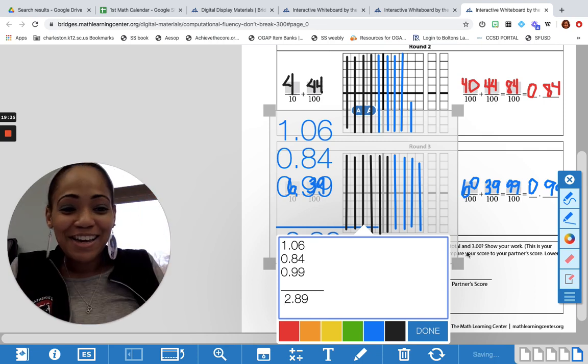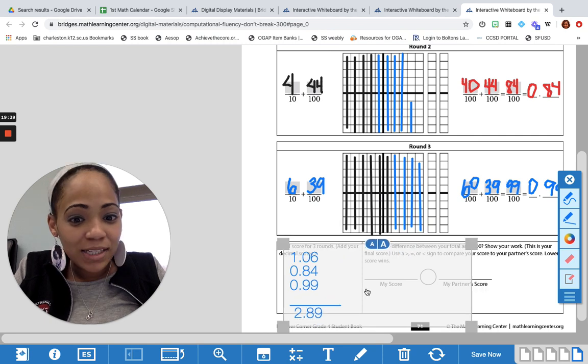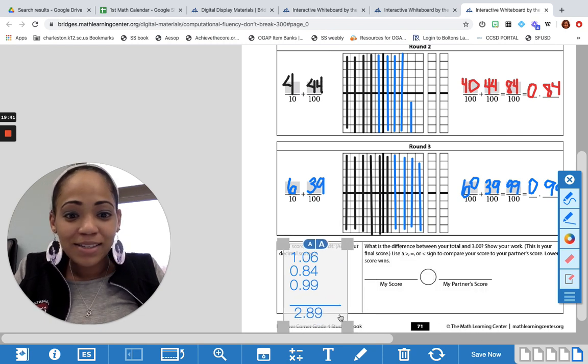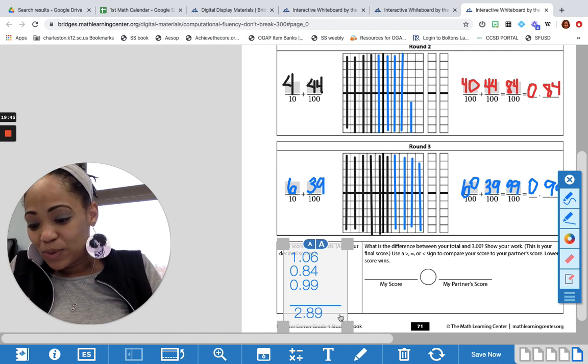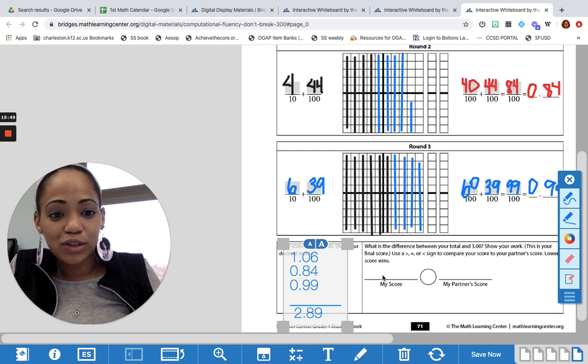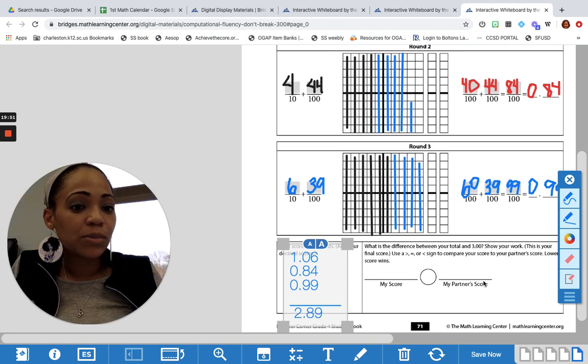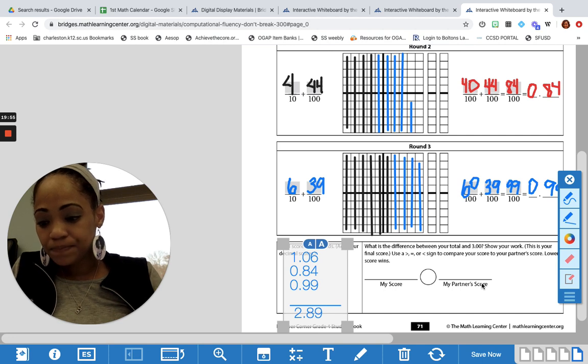So now we gotta compare the numbers, even though we clearly know who won. Miss Trammell, because she's amazing, right? Okay, so let's write a comparison sentence here. So you put your score and then fill in your symbol versus my score. And I'm going to do the same on mine.